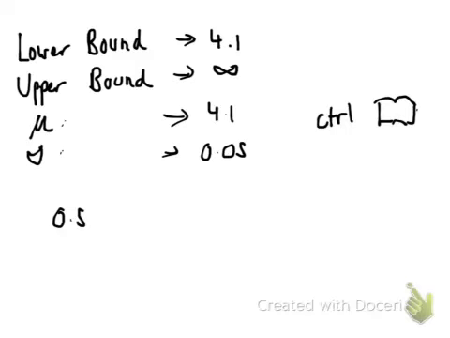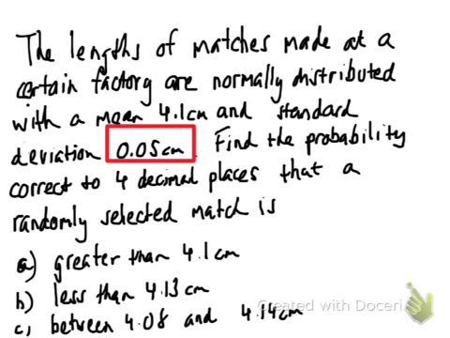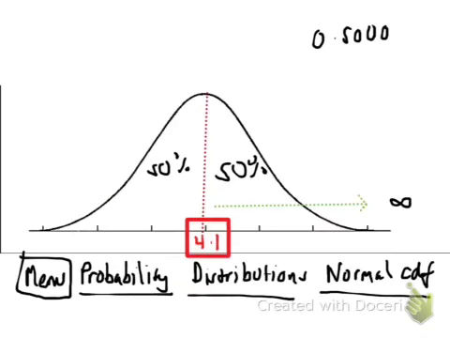Let's look at the next one. The next question is less than 4.13. 4.13 would be just to the right of 4.1.